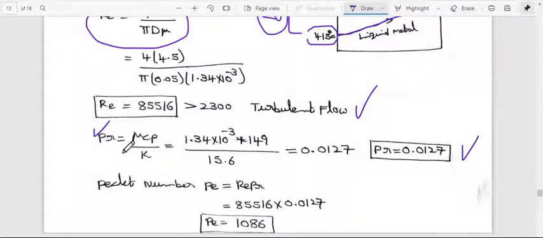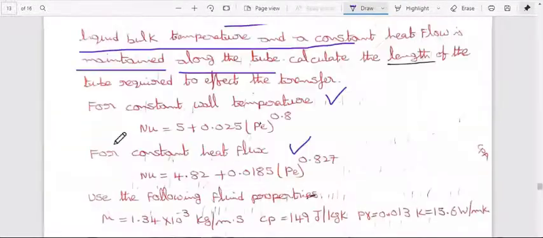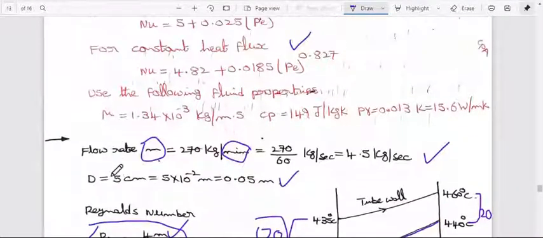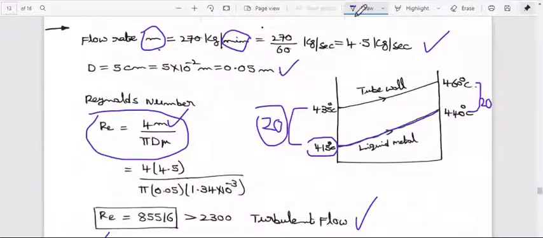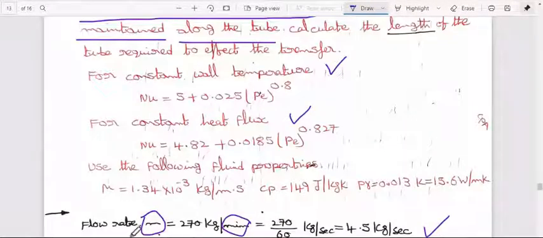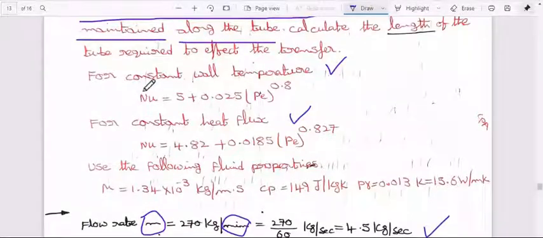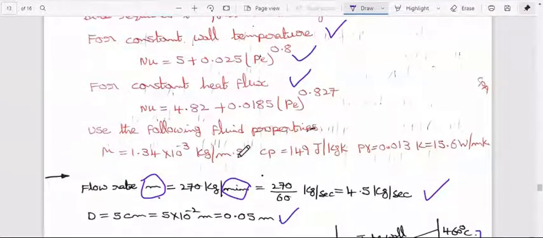For this problem, we did not consider any data book page numbers. The formulas are given: for constant wall temperature the formula is given, and for constant heat flux it is given, and the property values are given.